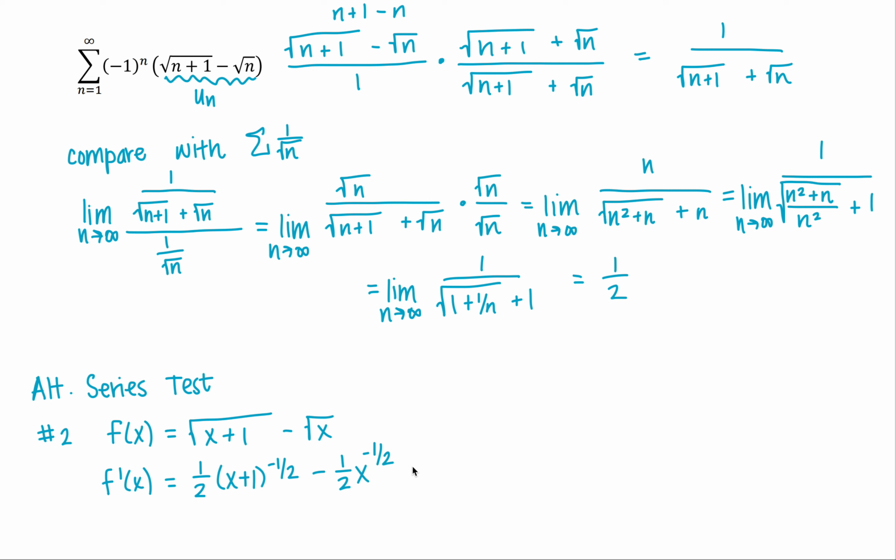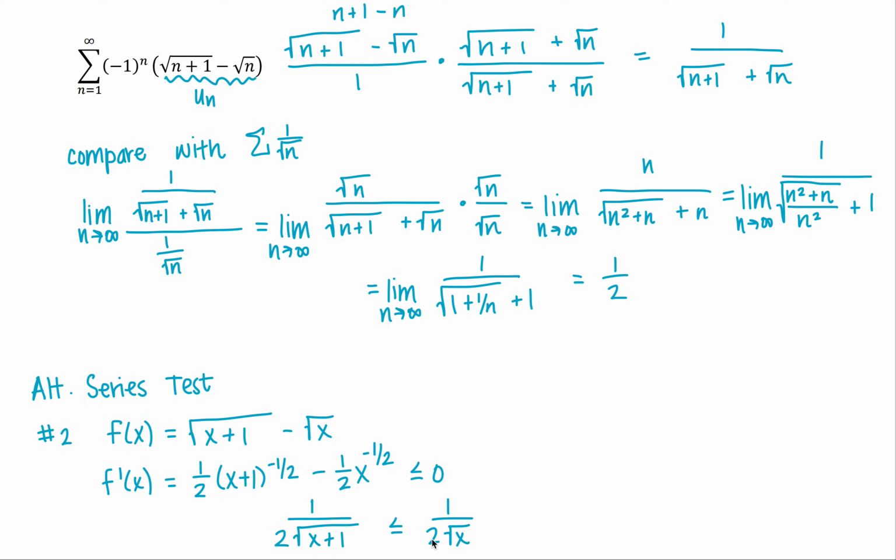And I want to see where that is less than or equal to 0. That would show for what x values it is non-increasing. If I take the negative 1/2 x to the negative 1/2 and move it to the right, and rewrite this slightly, I get 1 over 2 times the square root of x plus 1 less than or equal to 1 over 2 times the square root of x.